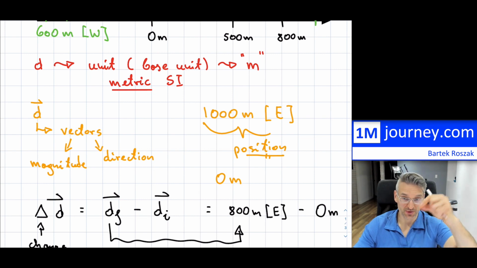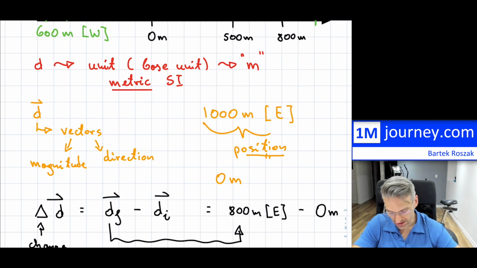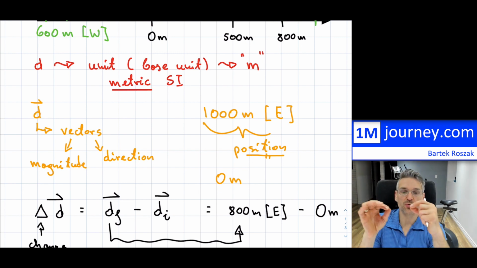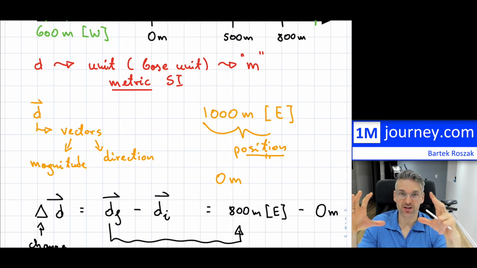Now, this one doesn't necessarily have a direction, because it's your reference of 0. But you can clearly see that if you now subtract, you would have walked 800 meters in total, and you would have gone east. So your displacement captures the actual distance that you had in a direction.